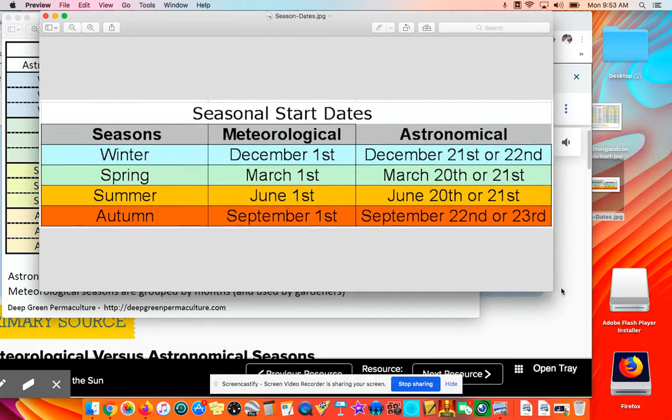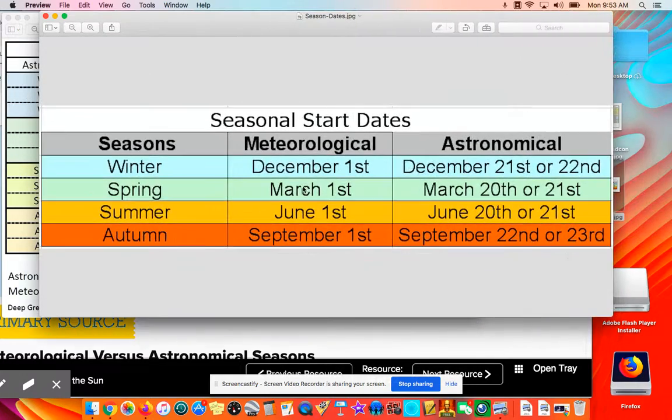So your weatherman, your weather lady, whatever it may be, may consider the start and end of winter, spring, summer, and fall to be a little bit different than the astronomical one. Like, for example, a meteorologist might say, hey, December 1st, winter starts today. Usually, meteorologists chunk seasons into 3-month slots.